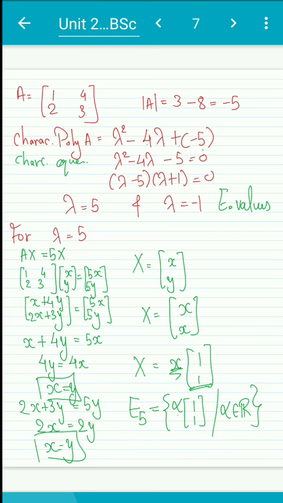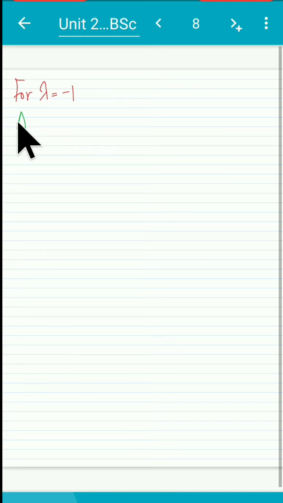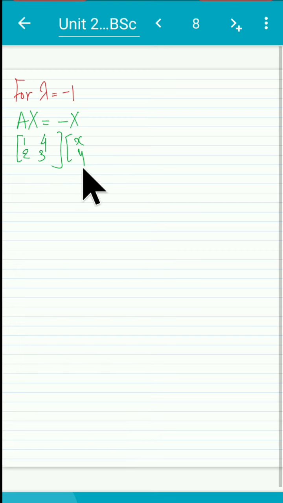Okay. Similarly we will find out for minus 1 also. So again the same thing, I will consider Ax is equal to minus of x. A was [[1, 4], [2, 3]], times (x, y), equal to (minus x, minus y).